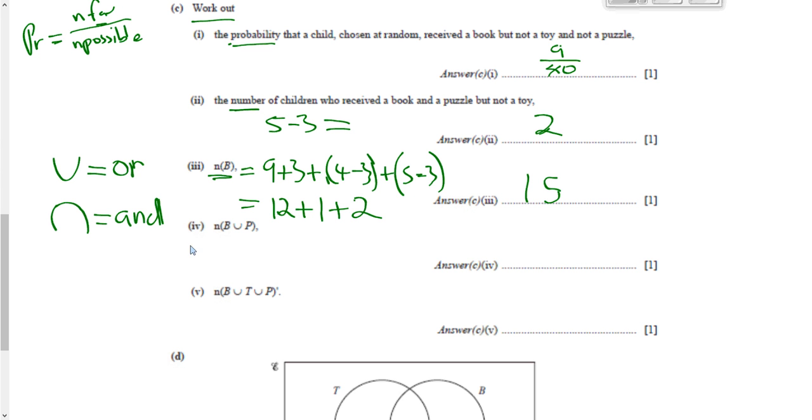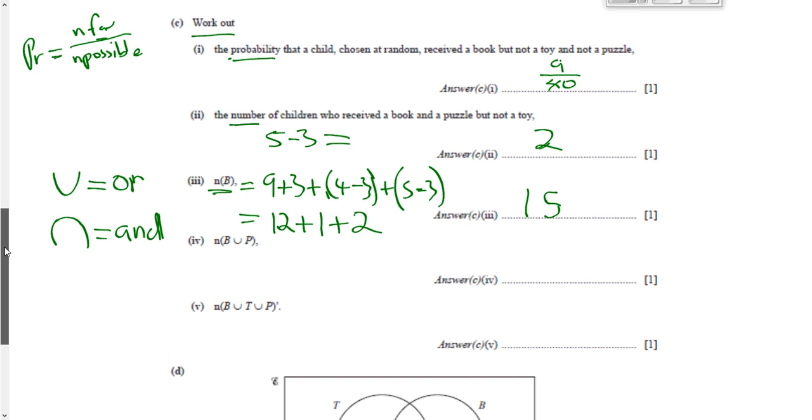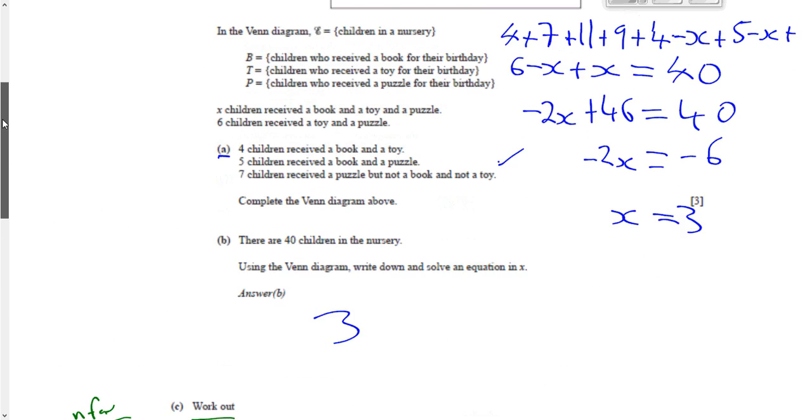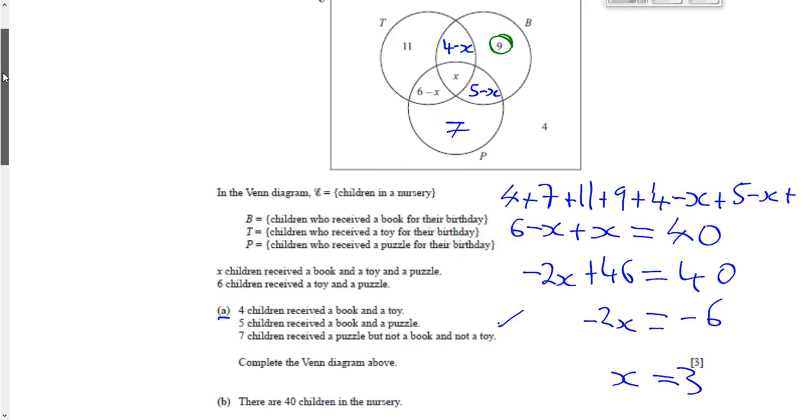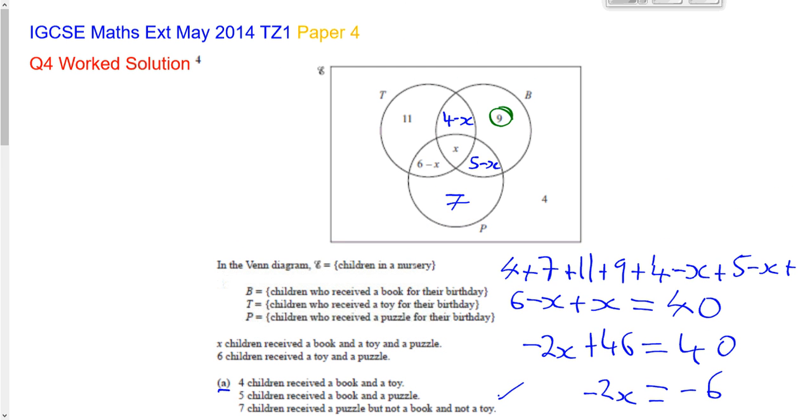So this mathematical statement is saying the number of kids who received a book or a puzzle.